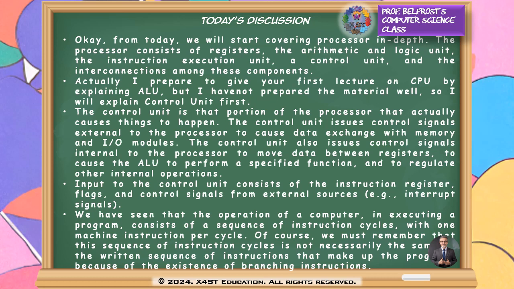We have seen that the operation of a computer in executing a program consists of a sequence of instruction cycles, with one machine instruction per cycle. We must remember that this sequence of instruction cycles is not necessarily the same as the written sequence of instructions that make up the program, because of branching instructions.